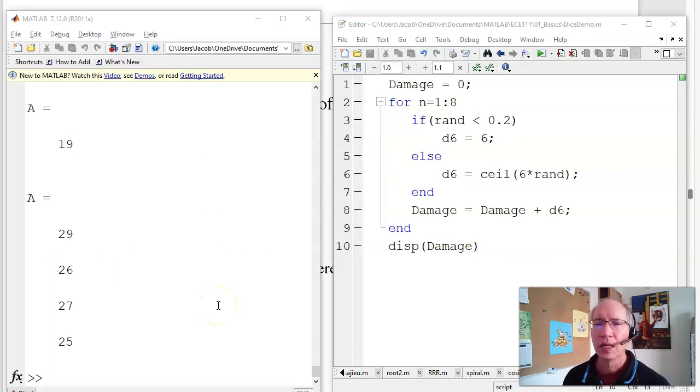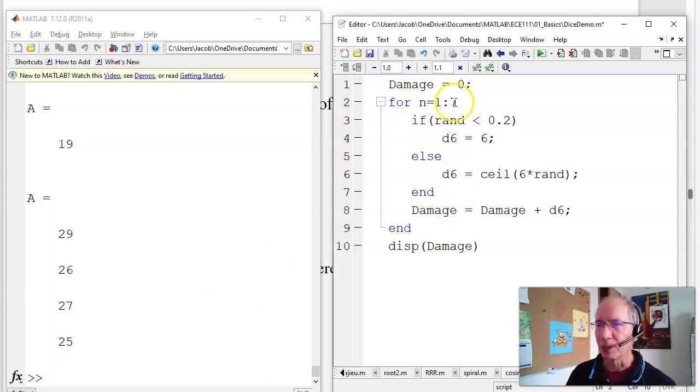Now this is where scripts are really nice. Suppose I want to change the problem. Rather than rolling a level 8 fireball, loaded dice, let's roll a level 7 fireball. Change that one line of code. That's now a level 7 fireball. Suppose instead of loading the dice so that 20% of the time I roll a 6, I want to make it 35% of the time. That's a level 7 fireball where the dice are loaded by 35%. And I could even change it to 8-sided dice.